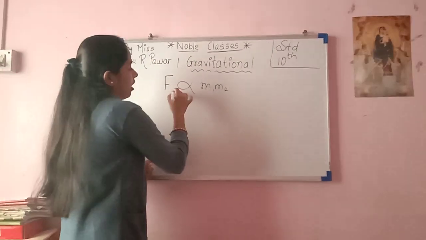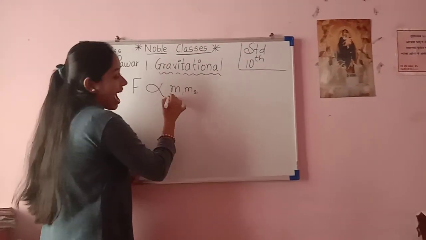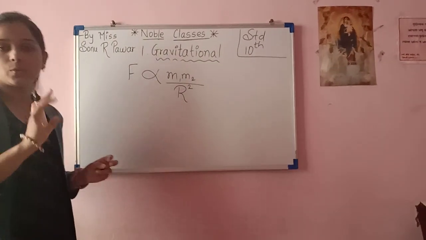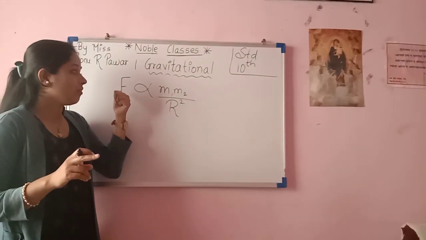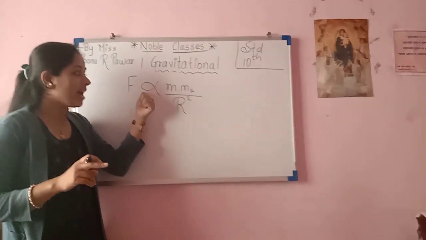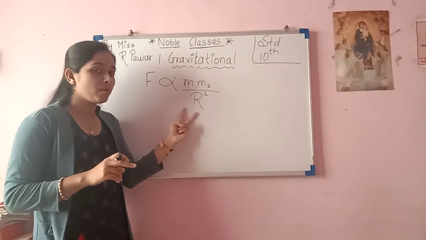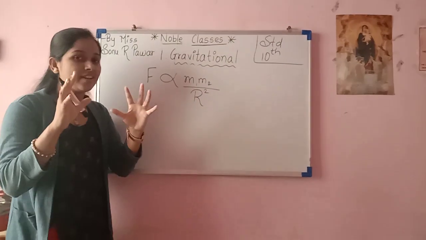Force is directly proportional to the product of the masses and inversely proportional to the square of the distance between them. Again I'll repeat the sentence. Gravitational force is directly proportional to the product of the masses and inversely proportional to the square of the distance between them. Now what does this mean?